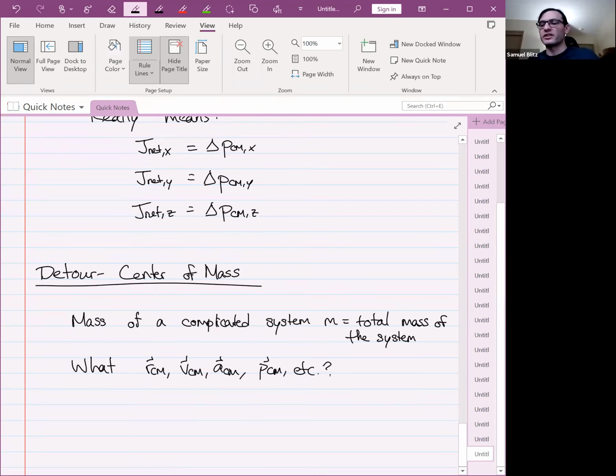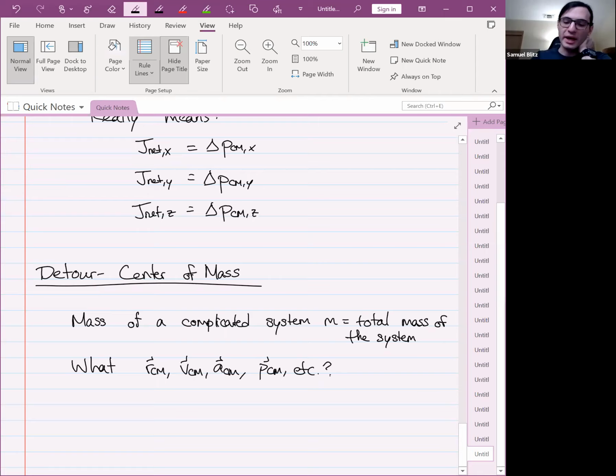When I say complicated system, I just mean a system that's not just a single thing. Maybe the system is my pen and my phone, in which case the mass would be the total mass of the pen plus the total mass of the phone. It's more things. I didn't want to say large system because that could imply something about size.